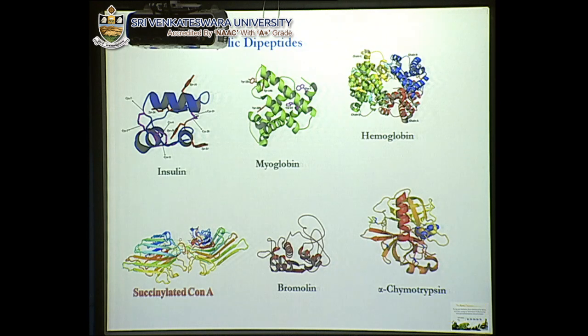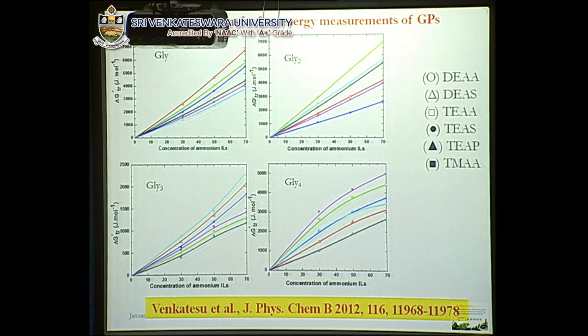So, in my laboratory, what are we doing? We are using simple amino acids, cyclic dipeptides, insulin, myoglobin, hemoglobin, concanavalin A, bromelain, and alpha chymotrypsin. In these proteins we are working in my laboratory. First, we took simple amino acids: glycine, diglycine, triglycine, and tetraglycine, in the presence of different kinds of ionic liquids.